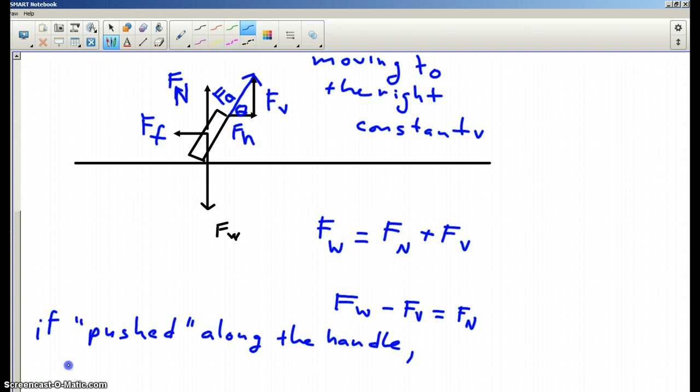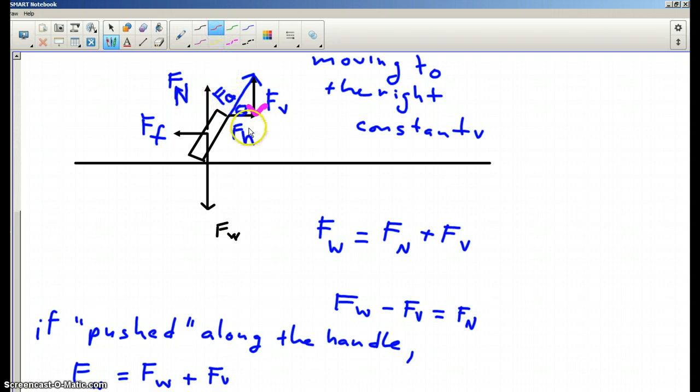If it were being pushed instead of pulled, then the normal force would be the sum of weight plus the vertical push. By pushing on the handle, it actually shoves the object onto the floor with a greater force than its weight alone would provide. So pushing along the handle would reverse the direction of this vertical force, and it would turn it into a downward force instead of an upward.